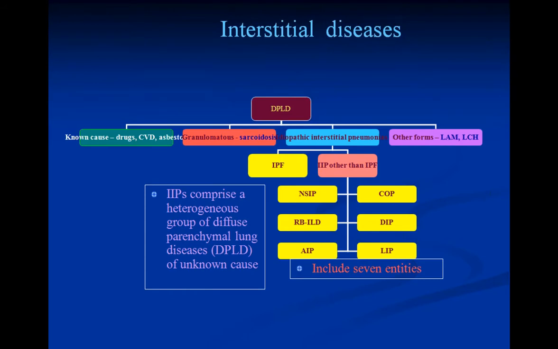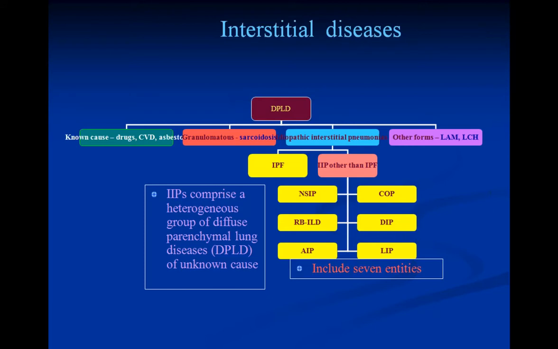Other causes include asbestosis and granulomatous diseases like sarcoidosis. Other forms include lymphangioleiomyomatosis, Langerhans cell histiocytosis, and idiopathic interstitial pneumonias, which can be UIP or NSIP.